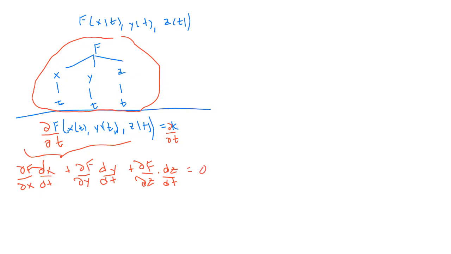And that equals 0. Are there any questions on the chain rule here?